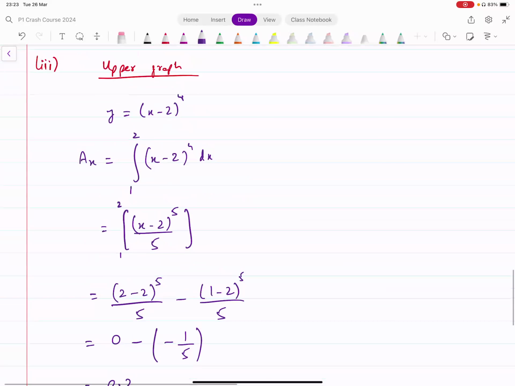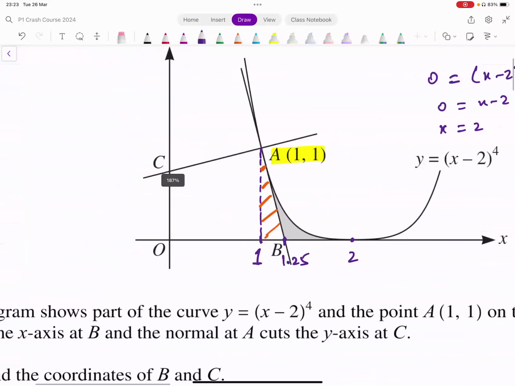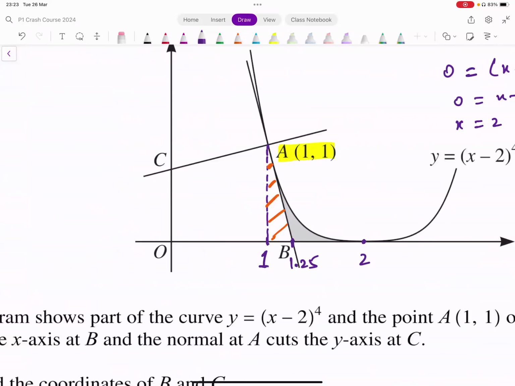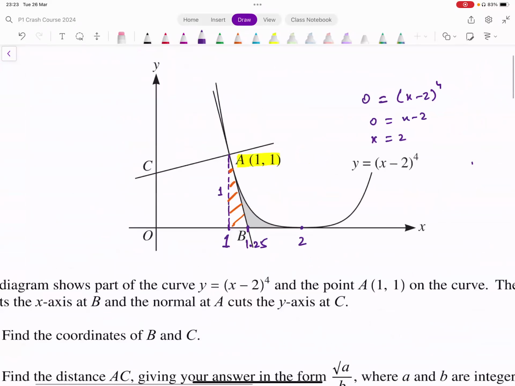Then we have the lower graph. Now, you could do that using integration if you wanted, or you can just find the area of the triangle. That's perfectly okay as well. Let's use area of triangle here. Half into base into height. Base of this triangle is 0.25, height is 1, right? So this side is 1, base is 0.25.